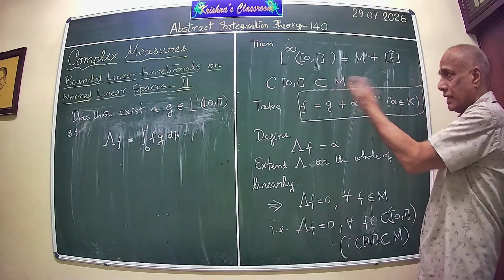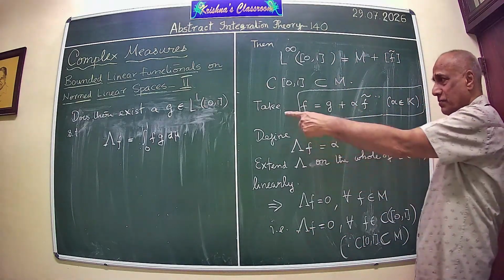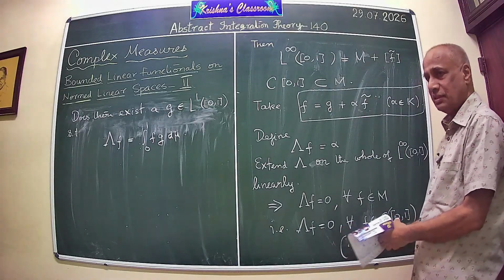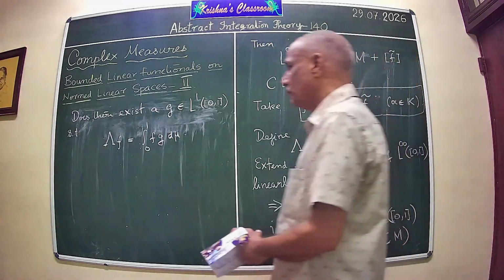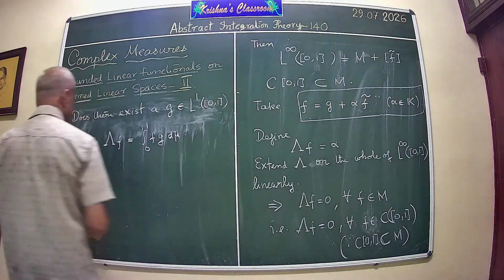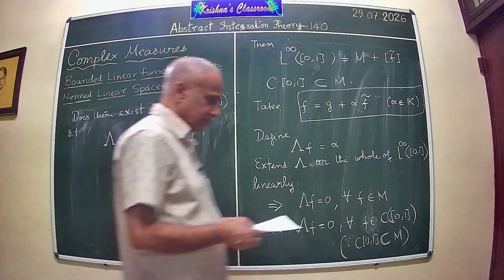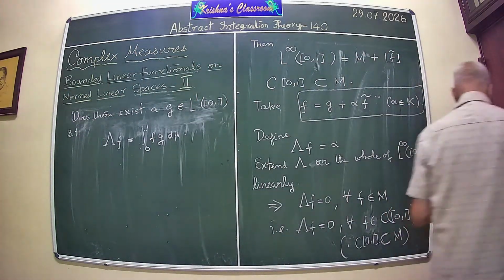If so, you see that you are identifying lambda with G. Okay. Now we prove that this does not exist. This may not be true.